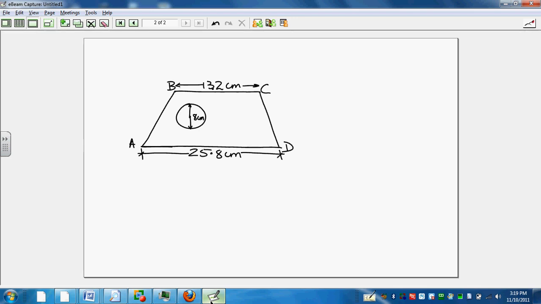Okay, what we are required to do is to find the area around the circle. That is the shaded area or the crosshatch area that I'm putting in now.